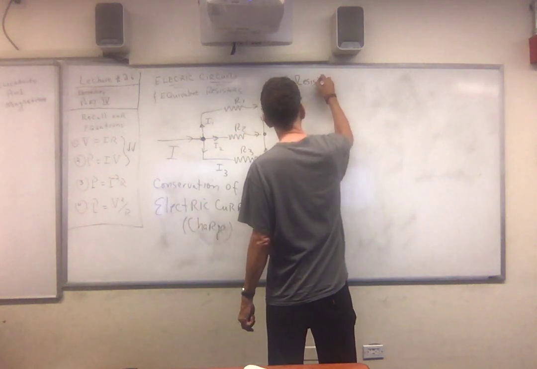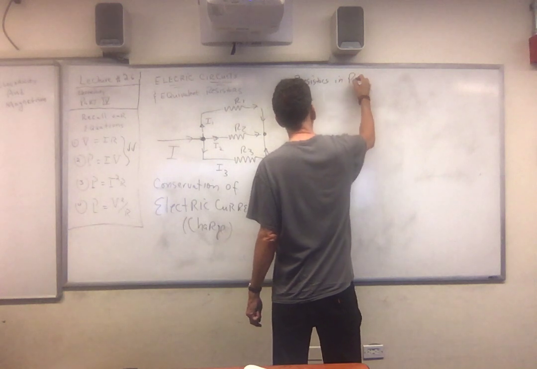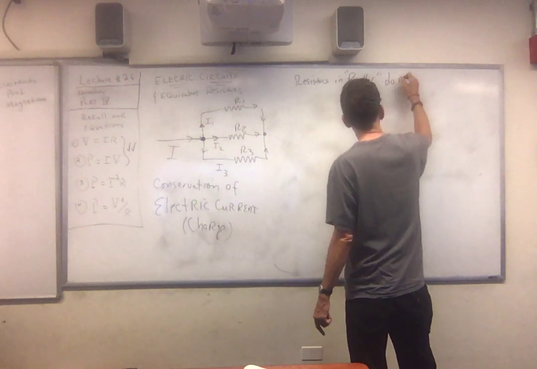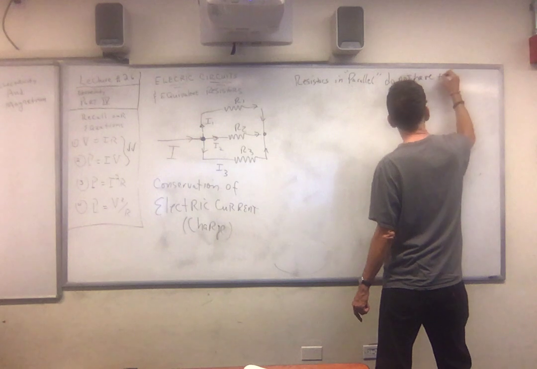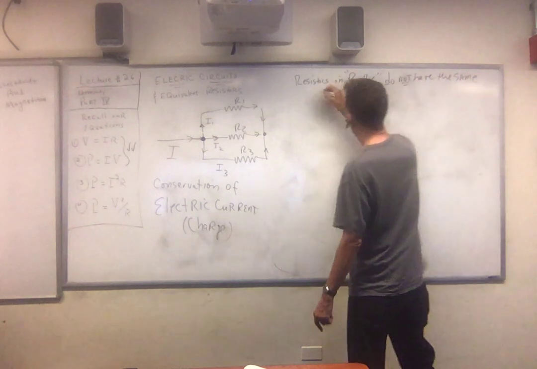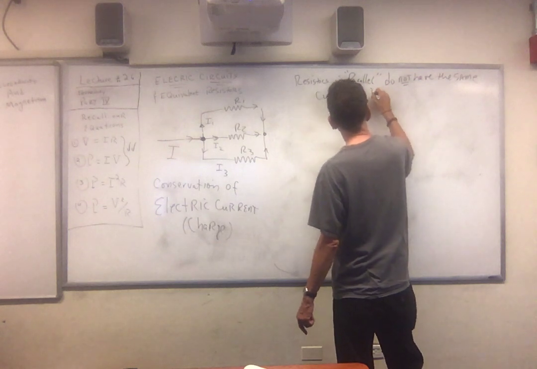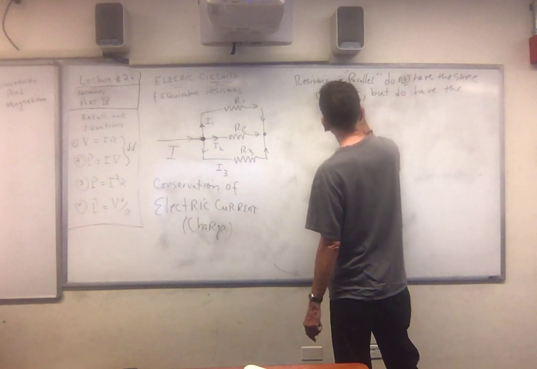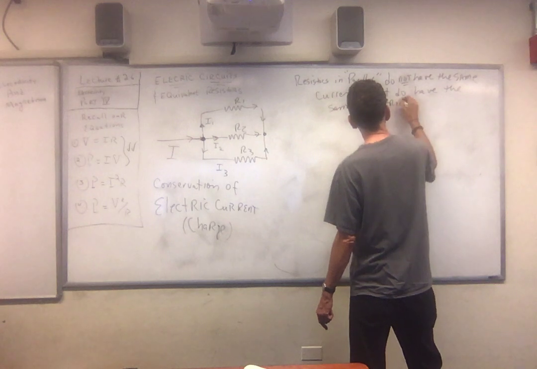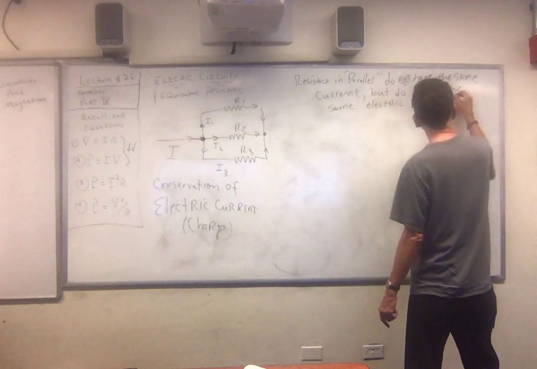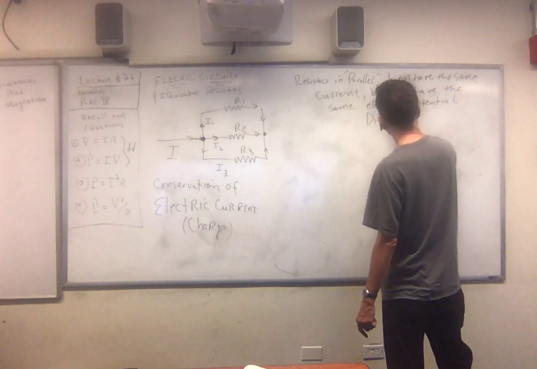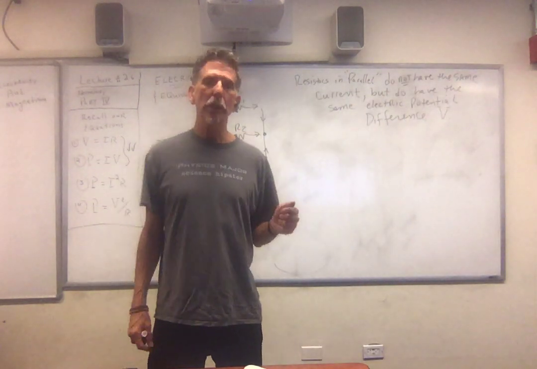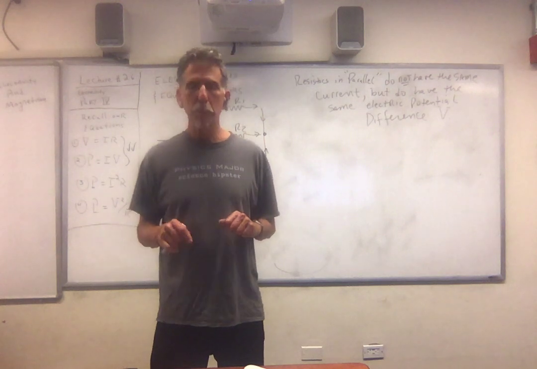Resistors in parallel, called a parallel circuit, do not have the same current, but do have the same electric potential difference V. So resistors in series all have the same current, but a different potential difference.